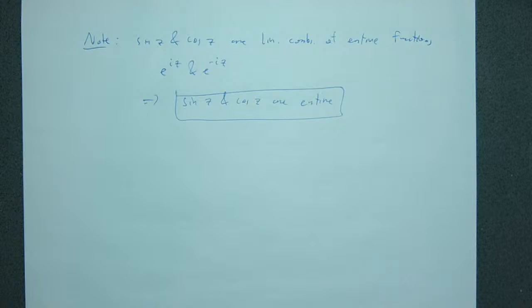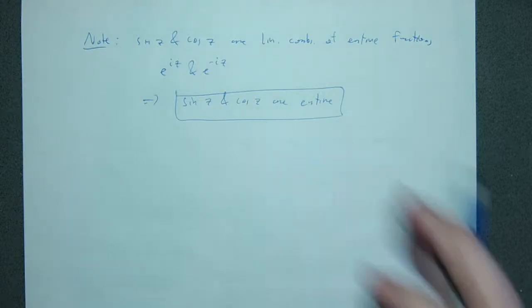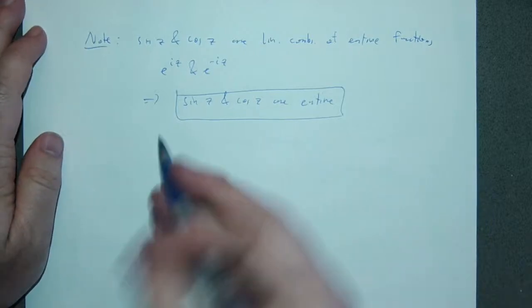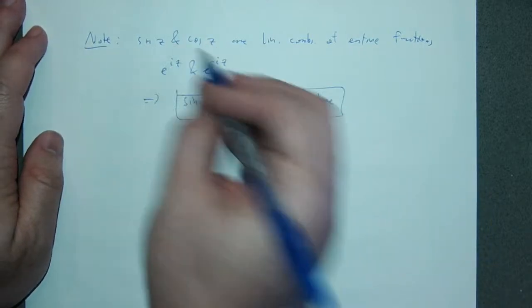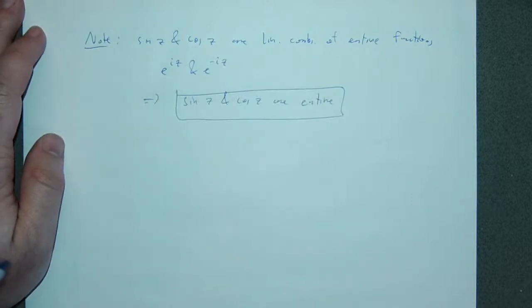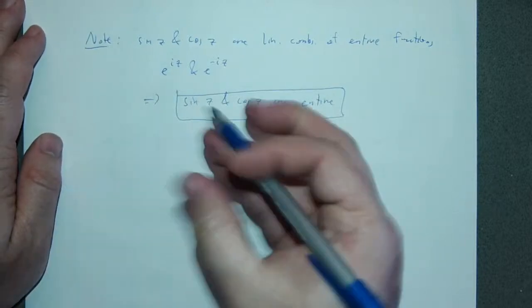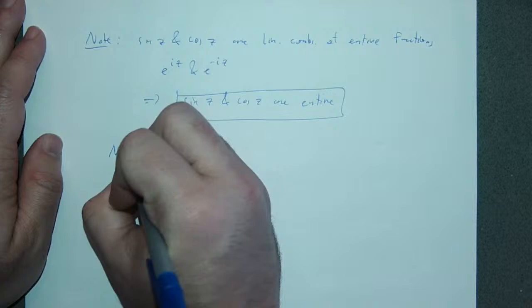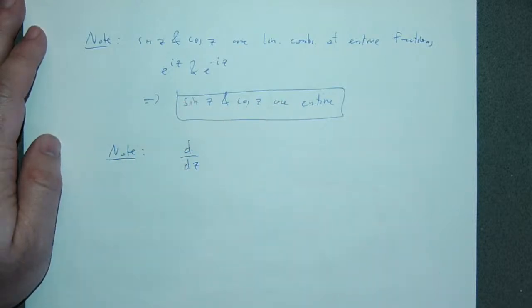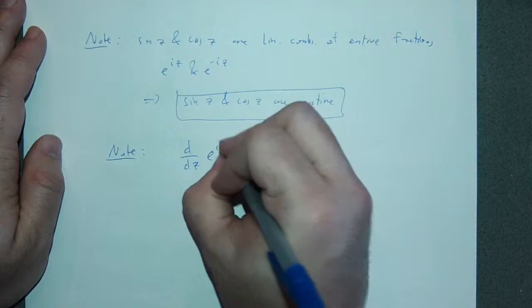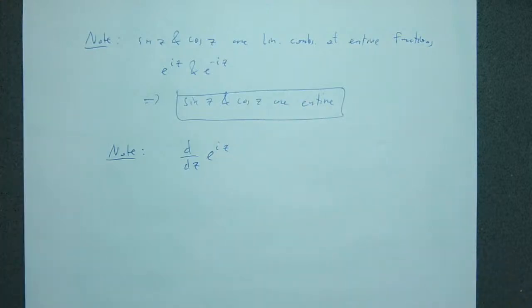And so actually computing the derivatives here is not so bad. We want to compute the derivatives of sine z and cosine z. Now that we know that they're entire, they're analytic everywhere. So note further that if I compute the derivative of e to the iz, what is that?